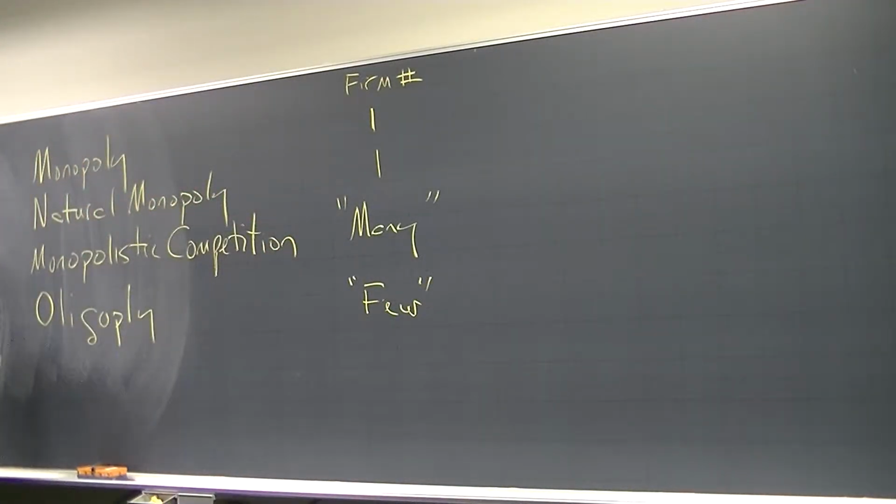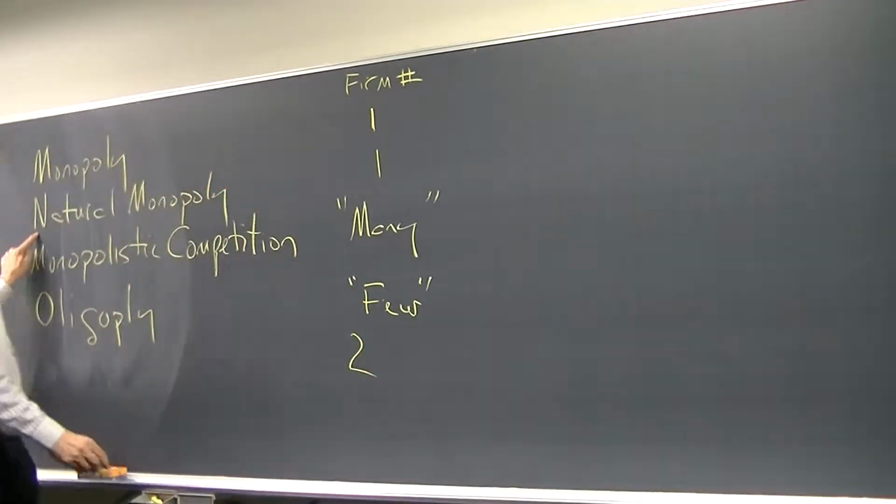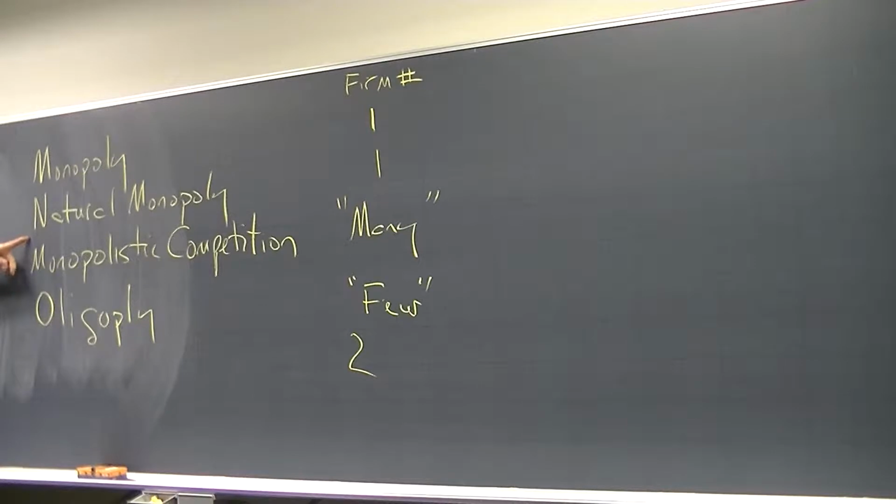As few as 2. And the point here, the natural monopoly, what happens if both firms survive in that game? It's not a natural monopoly, it's an oligopoly. It's a duopoly. So then you're talking about duopoly competition.